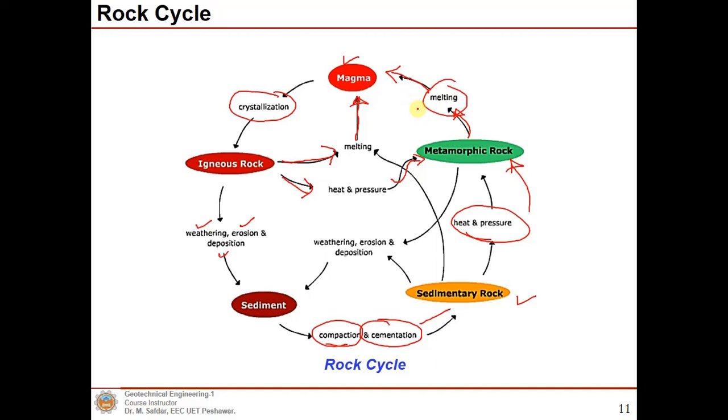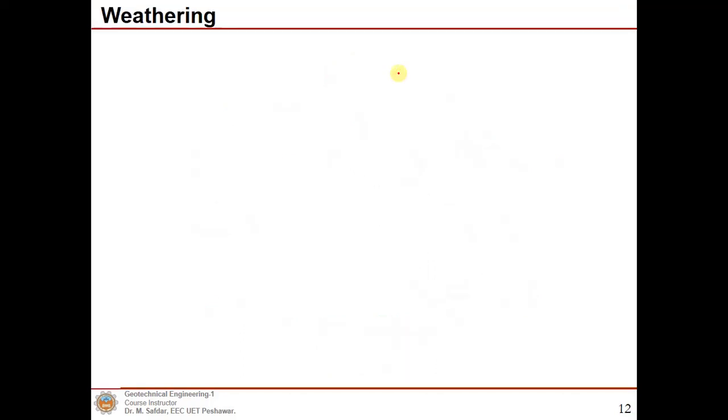And this is a cycle which continues over decades, centuries. Magma is formed, igneous rock is formed, sediments are formed, sedimentary rock is formed, metamorphic rock is formed, and magma is formed. So this is a rock cycle, which is a continuous process.